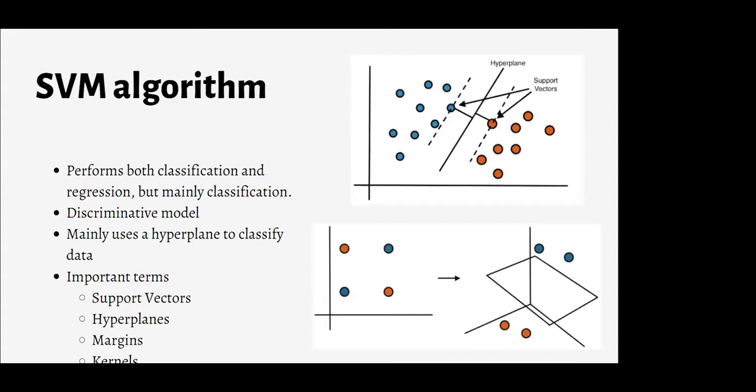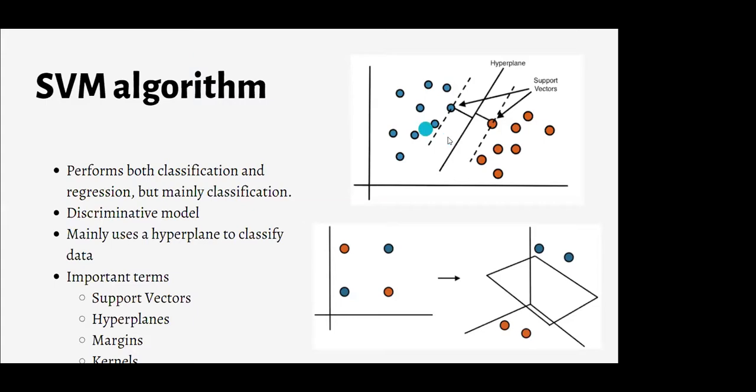So the basic premise behind how SVM works is quite simple actually. So given any data that is plotted on a plane, as you can see in the graph, this algorithm will create a line or a hyperplane to separate the data into different classes.